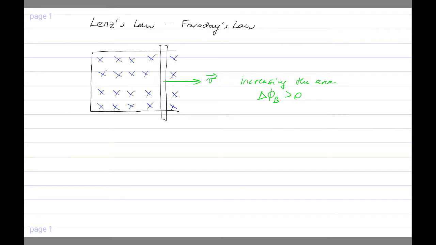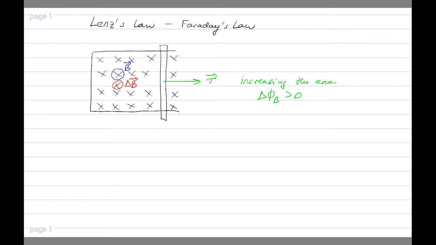So while originally the magnetic field in the loop was going into the loop, and then we're increasing the area, so we have more magnetic field into the loop. So there is an increase in magnetic field, an increase in the magnetic flux.